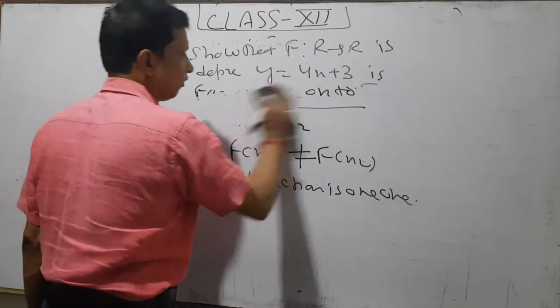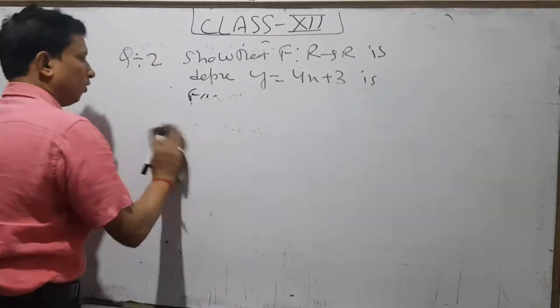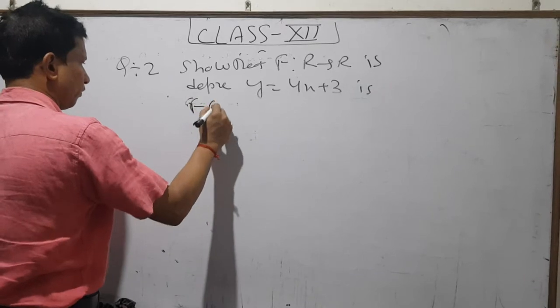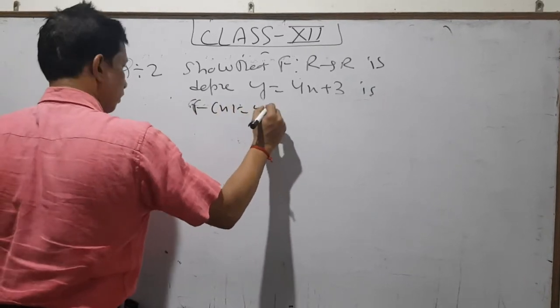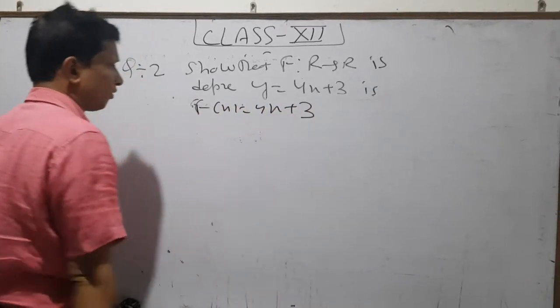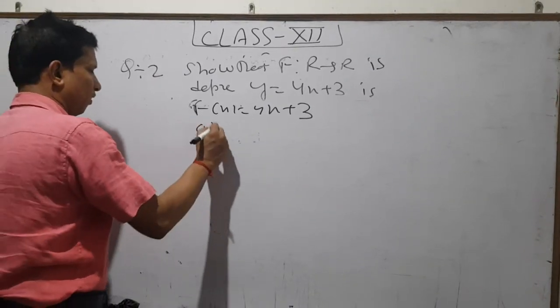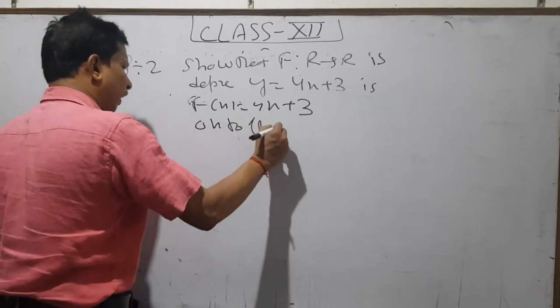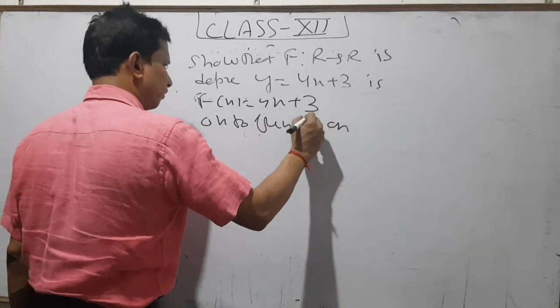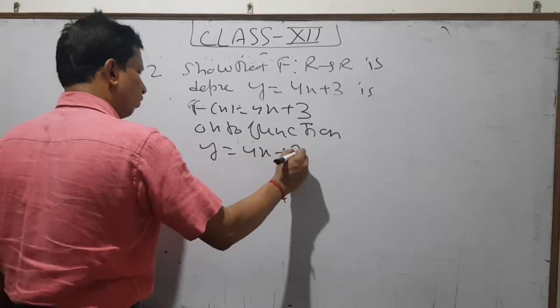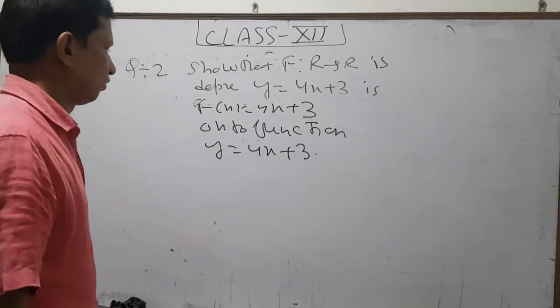Next, for the property of 4x + 3, prove that it is an onto function. y = 4x + 3.